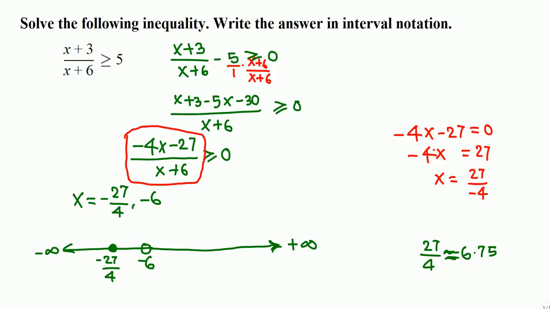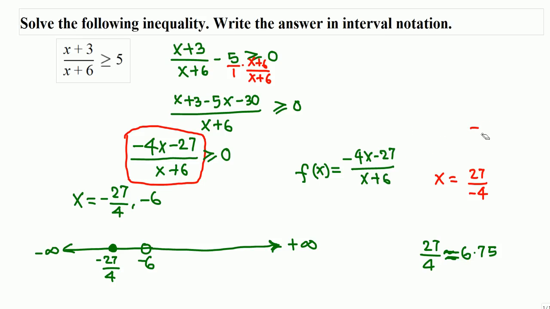Let me write this fraction over here: negative 4x minus 27 over x plus 6.